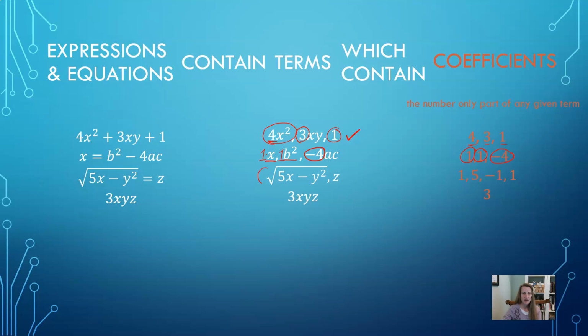Okay, this one, we have an implied coefficient once again of 1. We'll circle that one. We have some coefficients inside. We have a 5 and a negative 1, and then we also have that implied 1 on the z. And that last term, pretty easy, is just the 3.